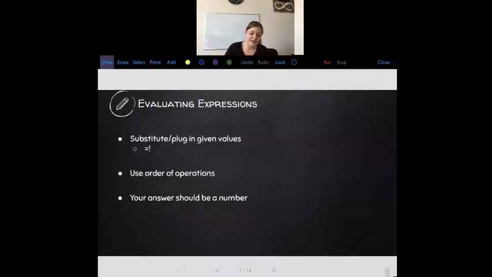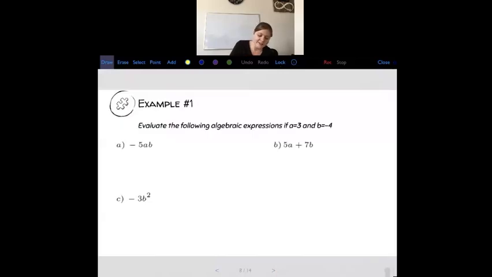So when we talk about evaluating expressions, we substitute the given value, use the order of operations to simplify, and your answer should be another number. So evaluate the following expressions if a equals 3 and b equals negative 4. And all of the operations are preserved. So for instance, in example A, this is negative 5 times A times B. When you substitute in the values for A and B, we're going to preserve that multiplication.